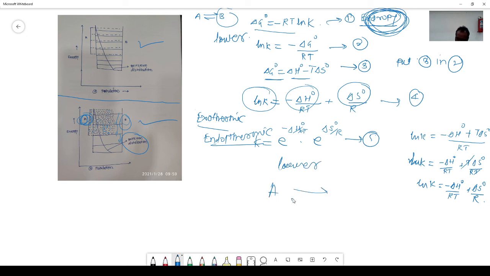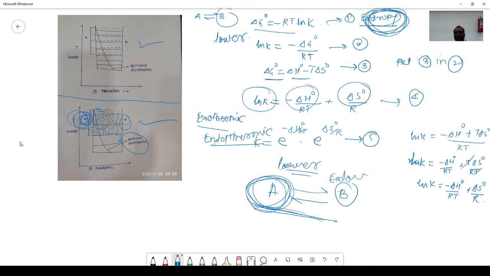If we consider the reaction A and B, for the endothermic reaction, the reaction will go to this side, more number of reactant molecules will be formed, right? That is the difference between exothermic and endothermic reaction. When it happens, the distribution of the energy level A is very less.